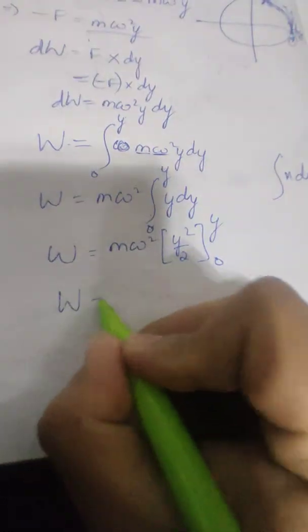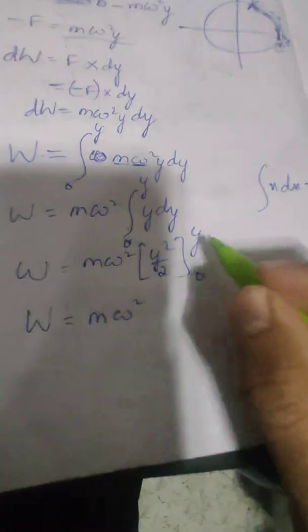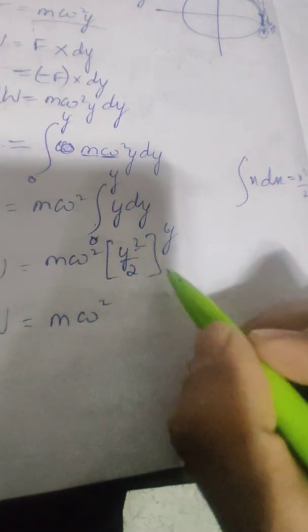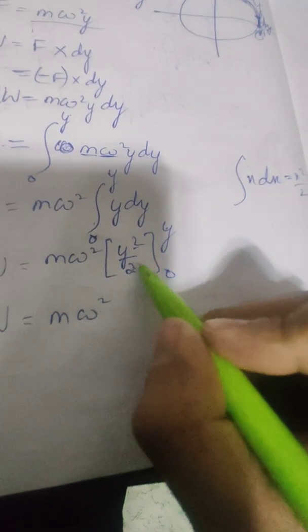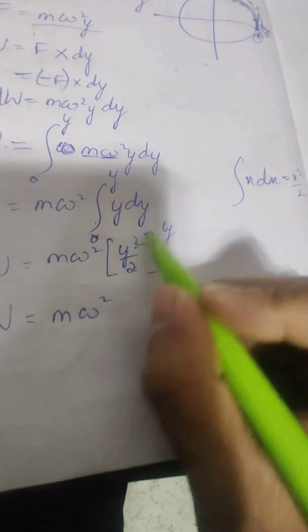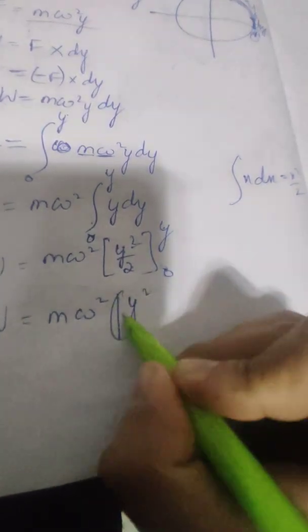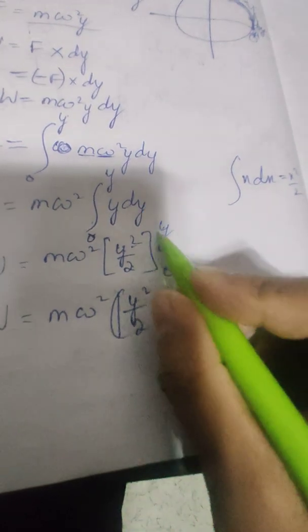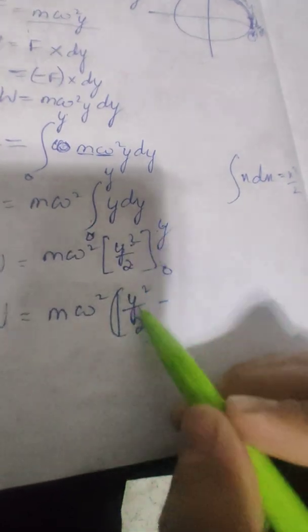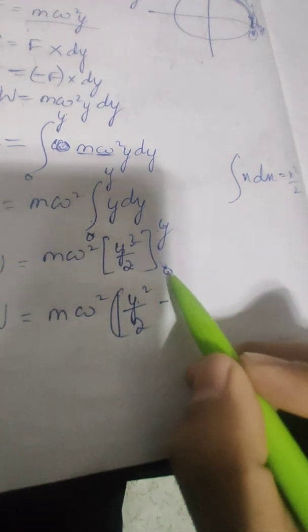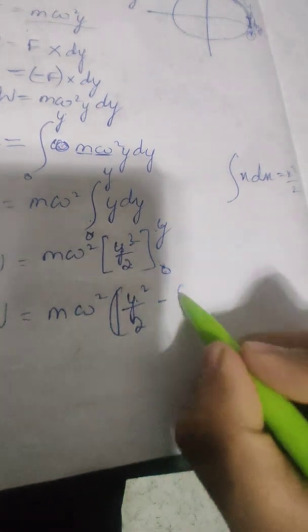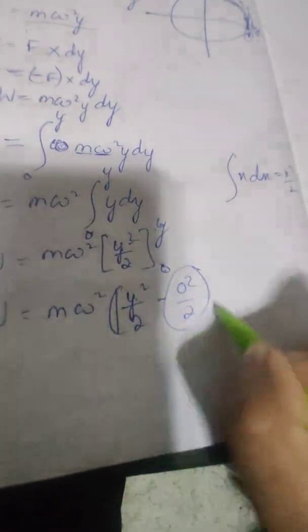So again, this will be equal to the upper limit substituted minus the lower limit substituted in place of y, okay? So it will be y square by 2 minus, for the lower limit 0, 0 square by 2. So this means nothing, right?